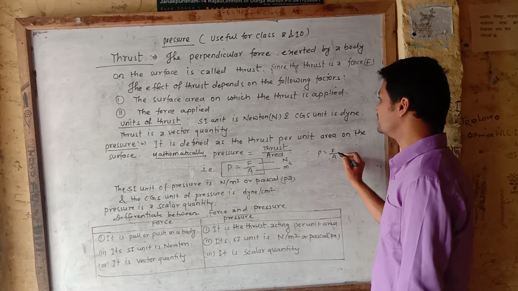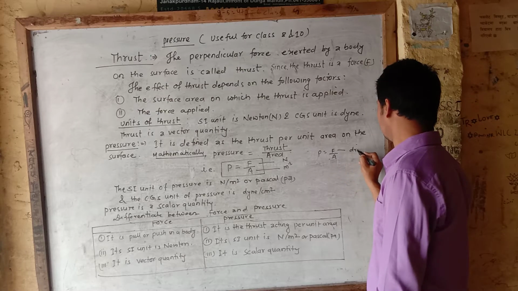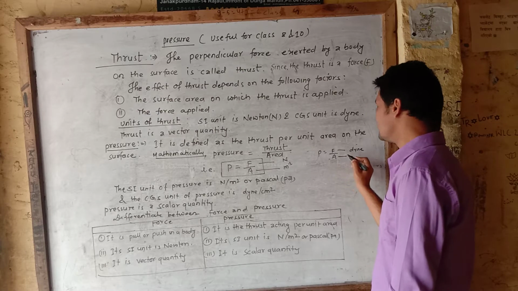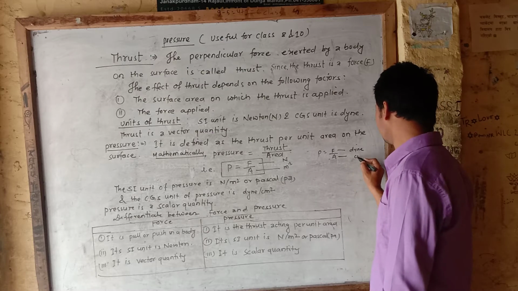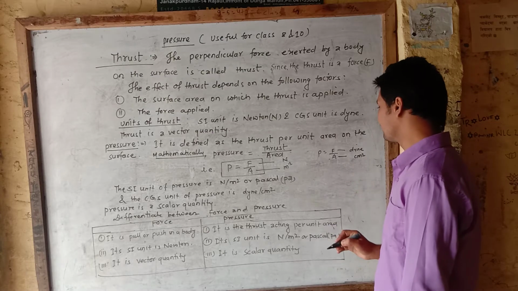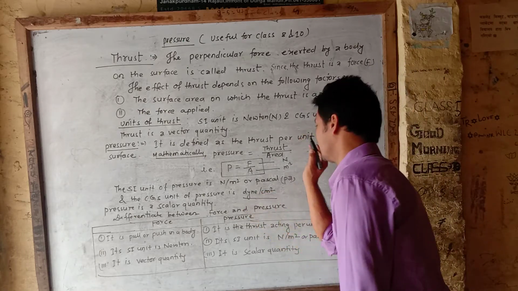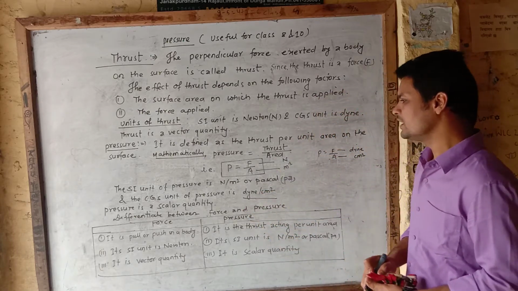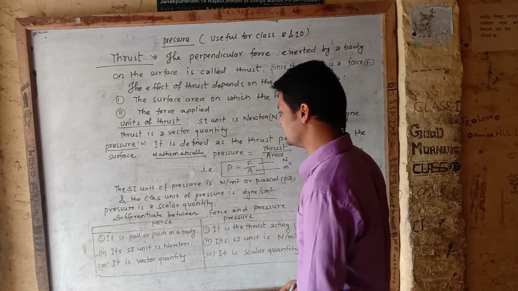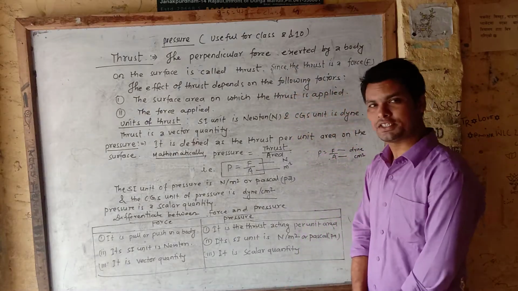The CGS unit of force is dyne, and the CGS unit of area is centimeter square. Thus, you can write dyne per centimeter square. Pressure is a scalar quantity.